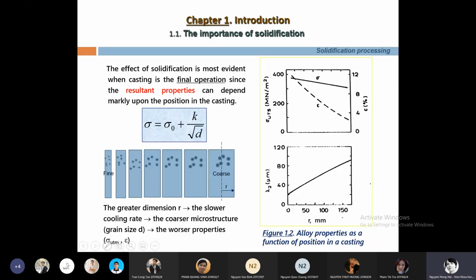Okay, so the greater dimension R of the casting, the slower cooling rate, because the heat must be transferred from the inside to the environment. The slower cooling rate, the coarser microstructure and grain size, and the worse properties, lower value of the ultimate strength and elongation. So we have to create the refined microstructure instead of the coarse.